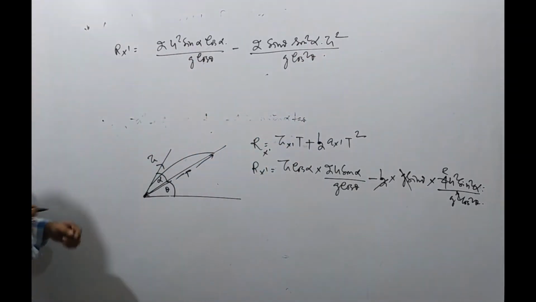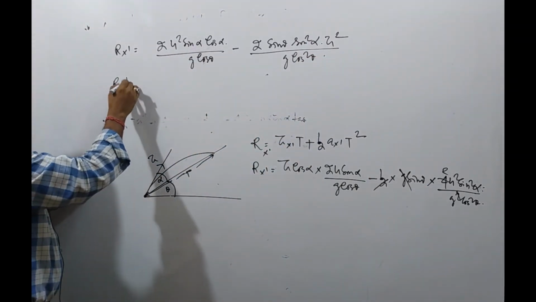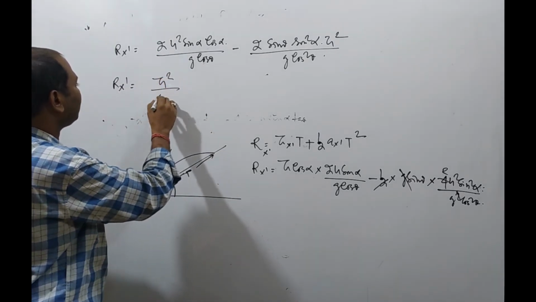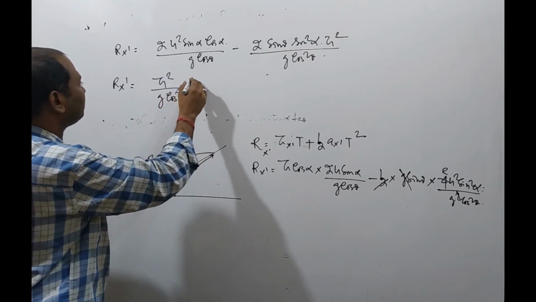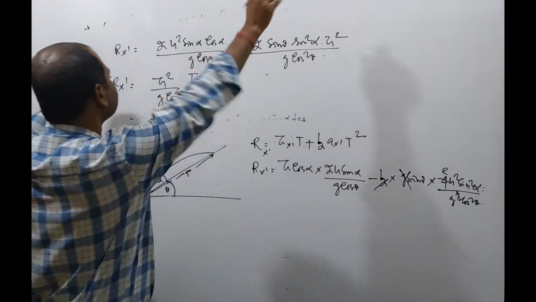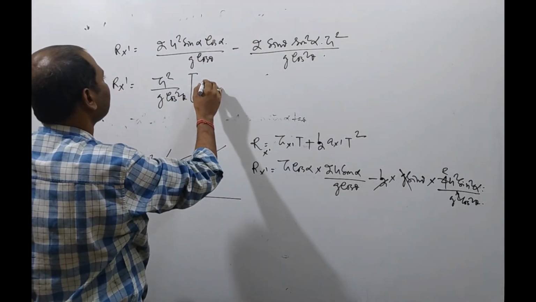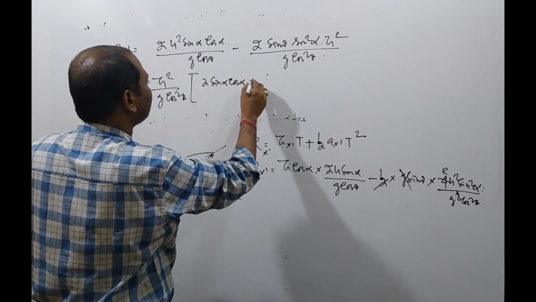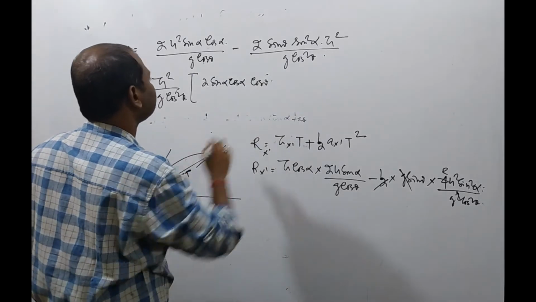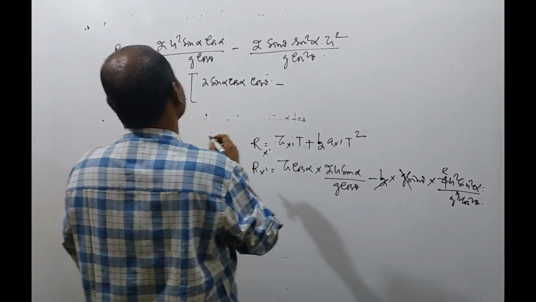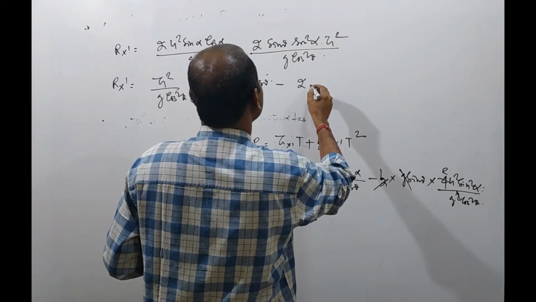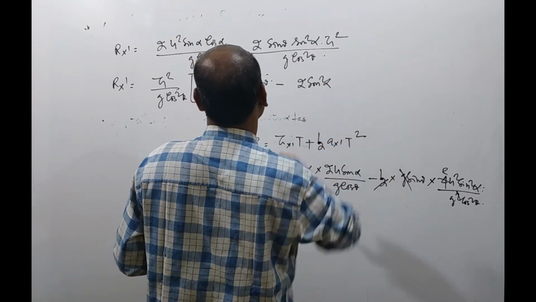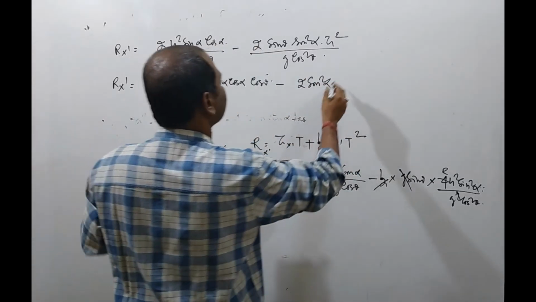Okay, this will be u square by g cos square theta taking common here, then it will be 2 sin alpha cos alpha into cos theta minus 2 sin square alpha into sin theta.